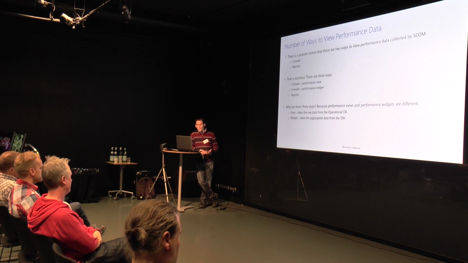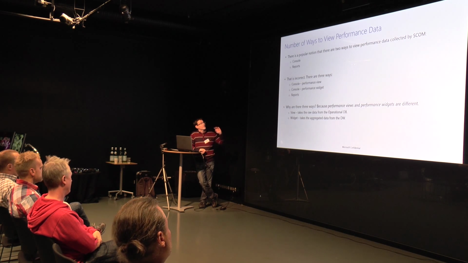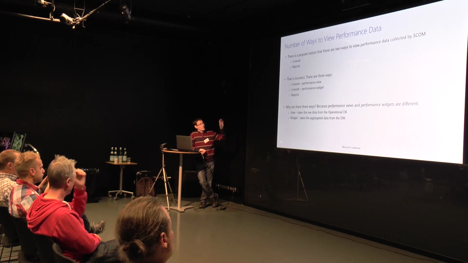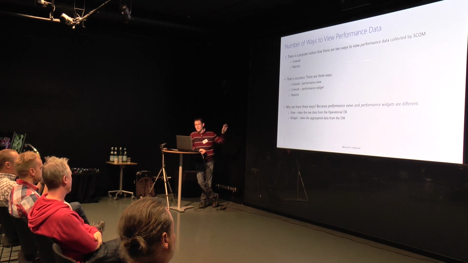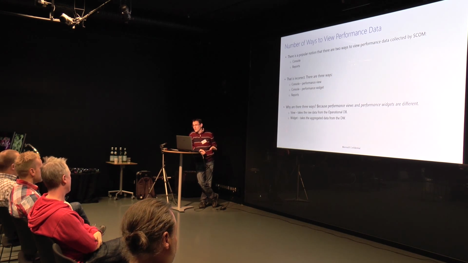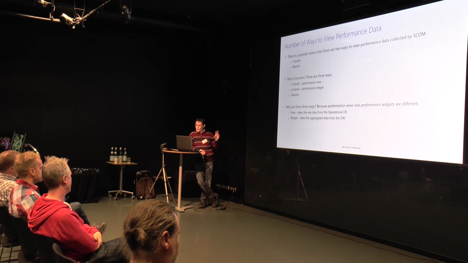You can see performance data in the console using either the performance views or the new performance widgets. There's a difference between those two, because in a performance view, you take the raw data from the operational database.